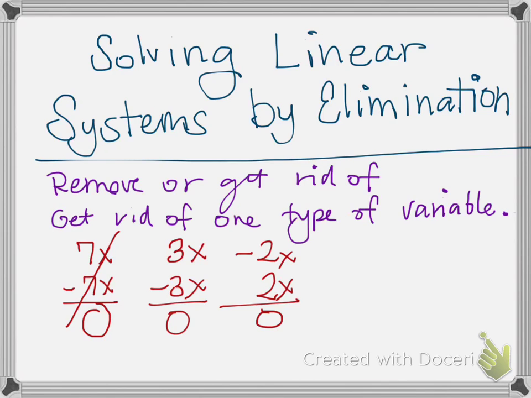So let's think about another example. What if I had 4x and 4x? Now currently, if I added this together, this would not be 0. It would not eliminate the x. I would actually have 8x, so that doesn't help me. So what can I do to make it work? Now you probably remember that you can just multiply by a negative.